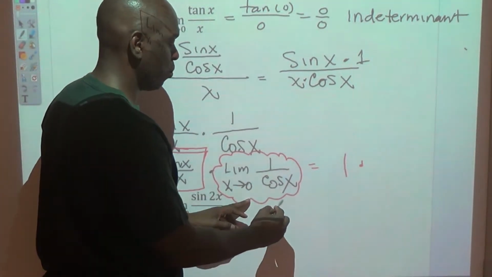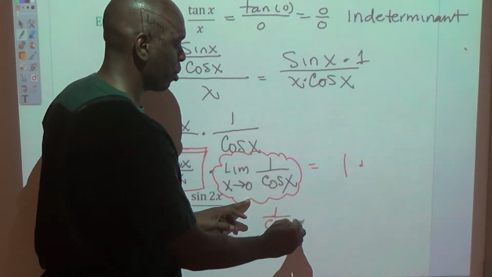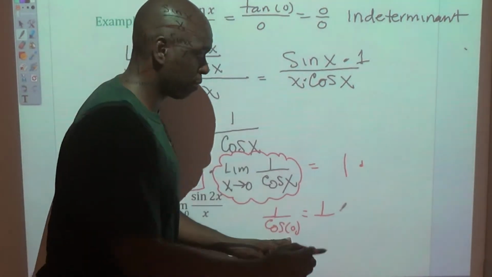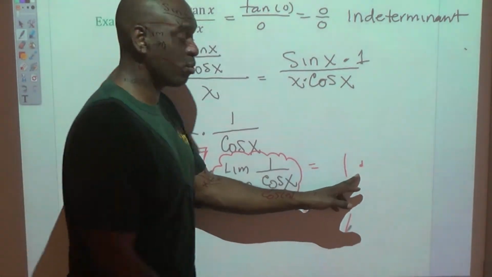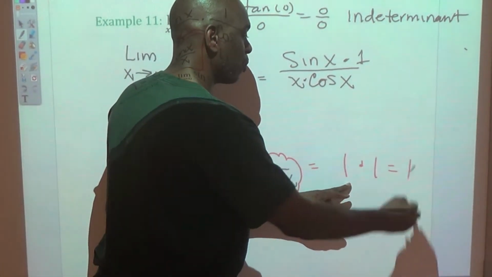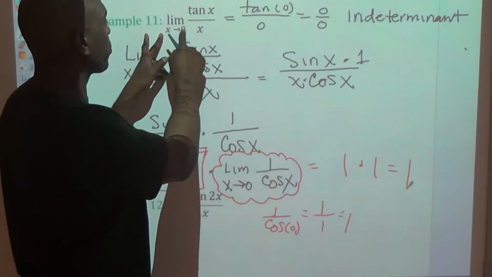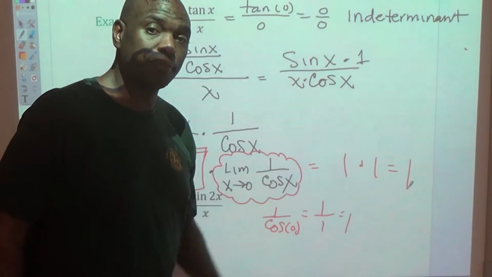So that's going to give me 1 over the cosine of 0, which is 1 over, what's the cosine of 0? 1. So it's going to be 1 times 1, which is simply 1. And there you go. So the limit as x approaches 0 of tan x over x is 1.